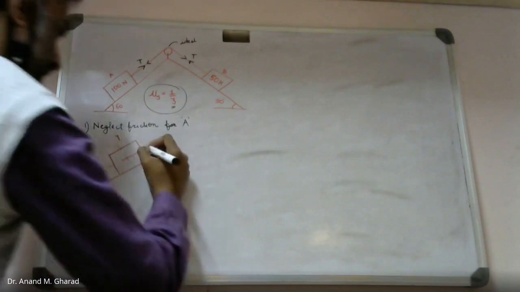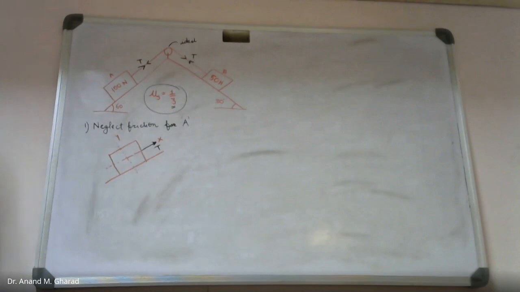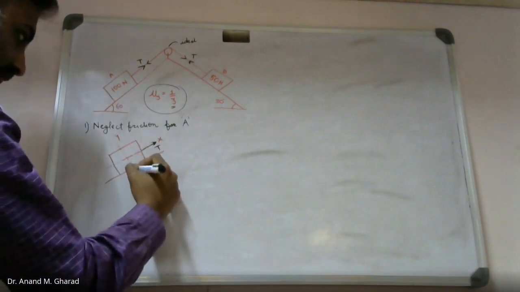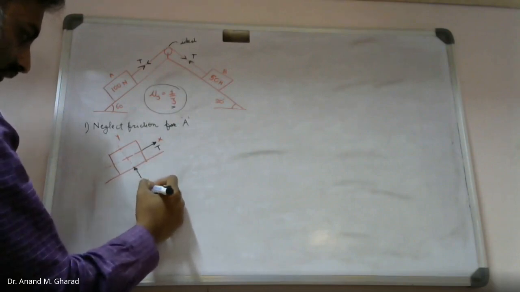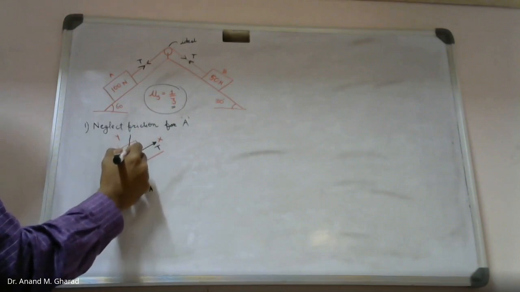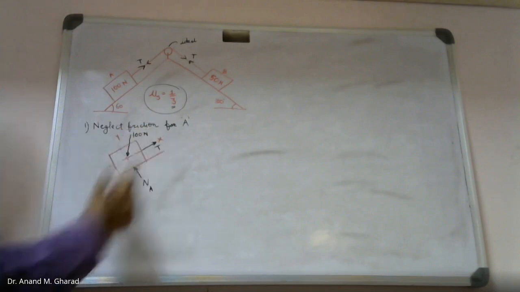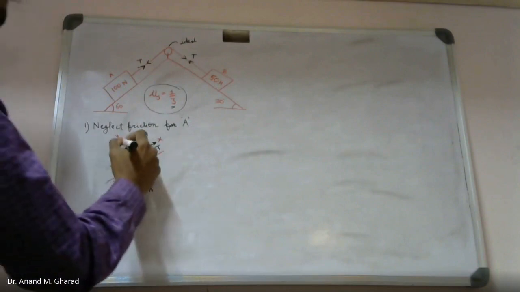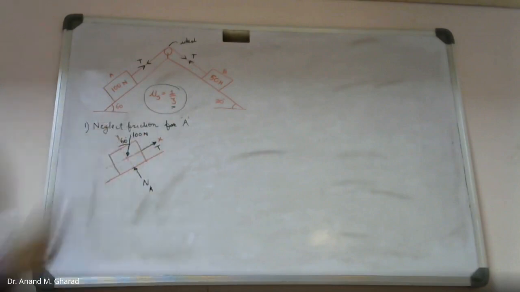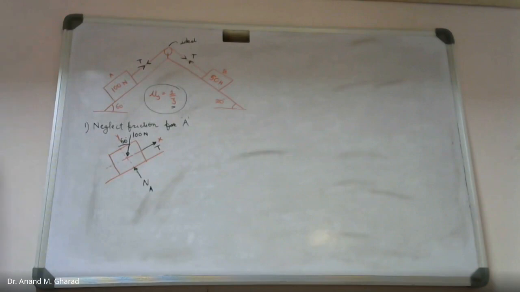So what exactly do we have? We have this tension force. If I draw the free body diagram, this will be the tension force. This will be the normal reaction for block A. Then there is the self weight. What is the magnitude? 100 Newton. Okay? And this angle will be 60 degree from the geometry, isn't it? This angle will be 60 degree. Am I right?